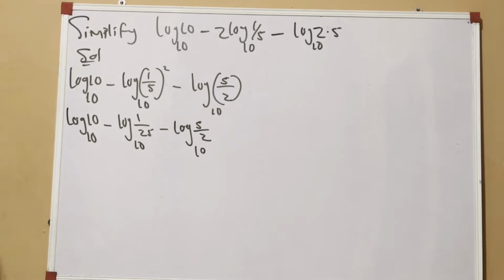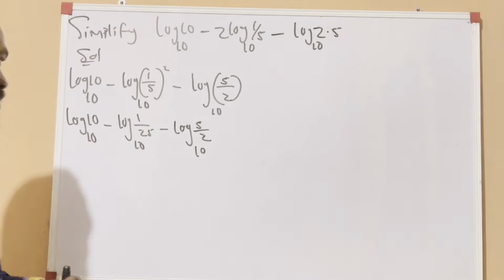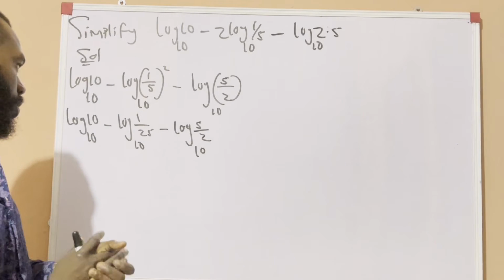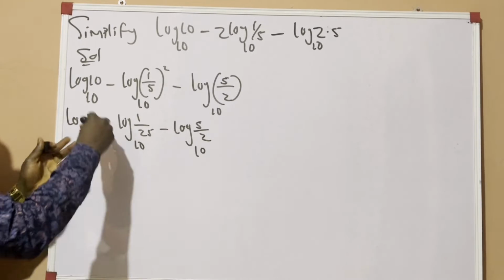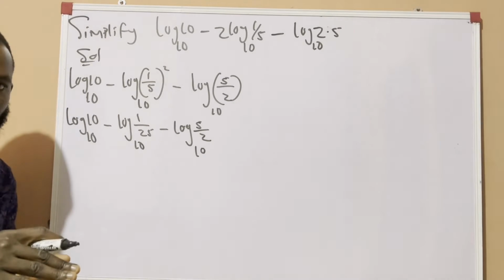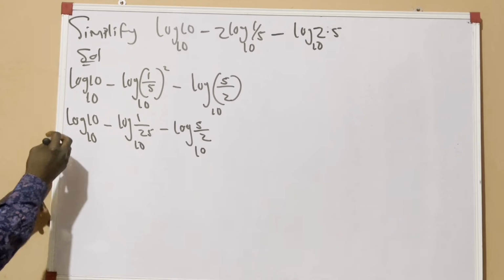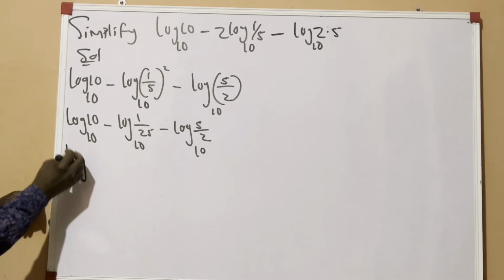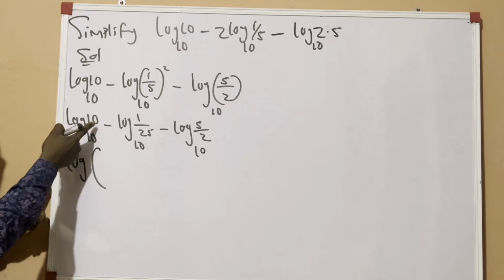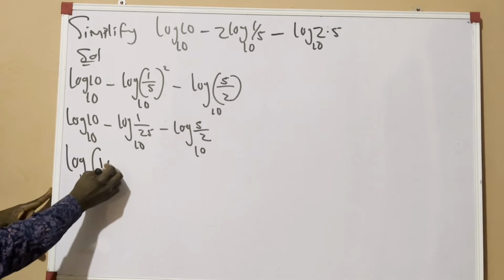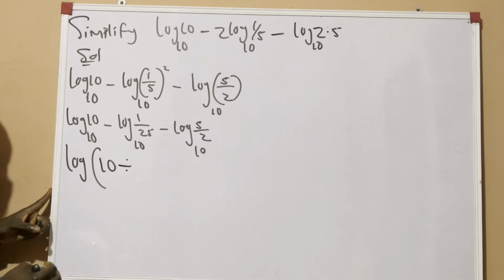Now from this point, we can apply the laws of logarithm, which says minus becomes division. So I'll pick one of the log because the logs are common to each other, the log and the base, and then I'll open a bracket. Now the number I have here is 10. Minus becomes division.